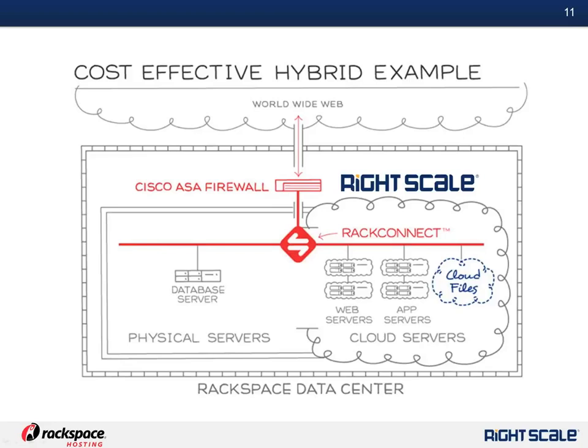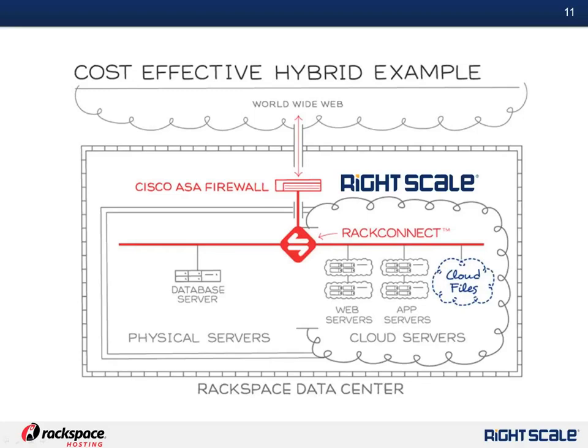And Bailey had started in on some different use cases and ways that customers are deploying. This is a very common deployment of Connect at Rackspace, running a database on a physical box and web and maybe app servers in the cloud, using a firewall to link their dedicated and cloud. One nice thing about this architecture is this actually puts your cloud servers behind the firewall, and so you're able to get some additional protection and security in your cloud environment.